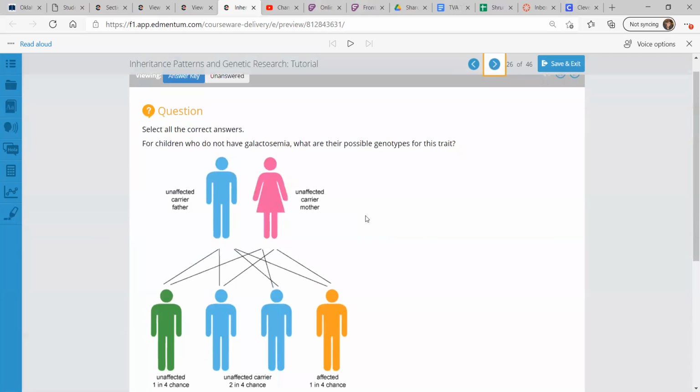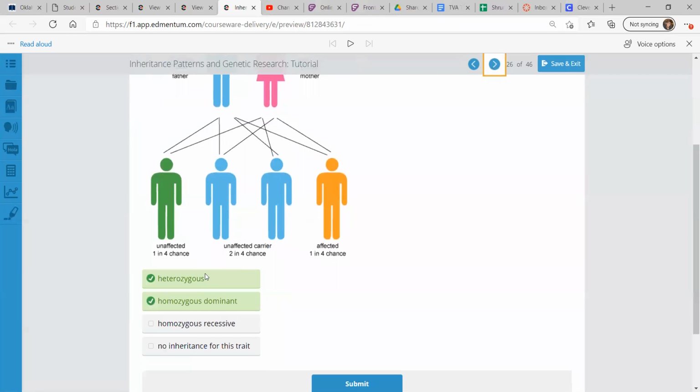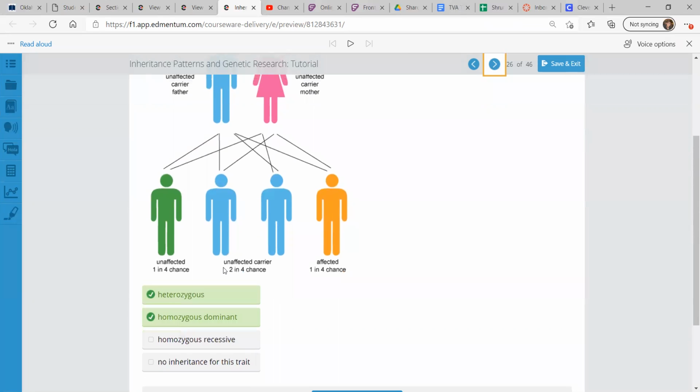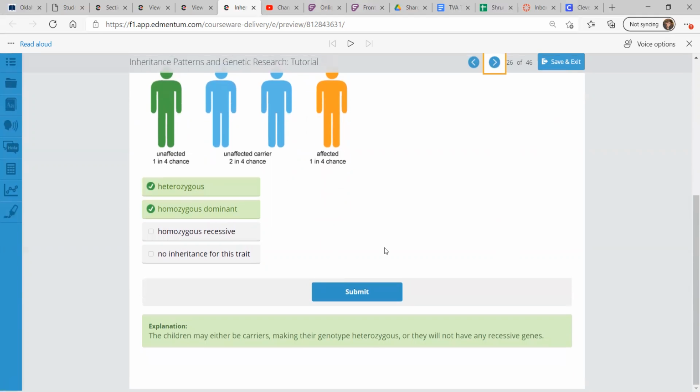For children who do not have galactosemia, what are their possible genotypes for this trait? So there's heterozygous and then homozygous dominant. So this means one gets all the dominant traits, and then some are a mix, like carriers.